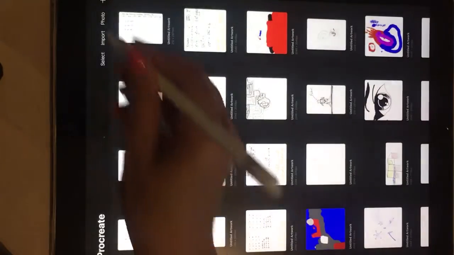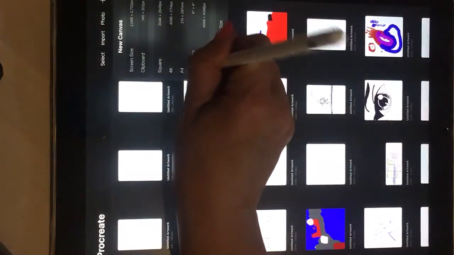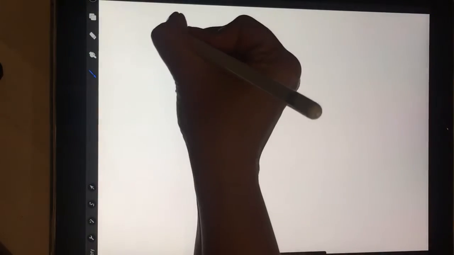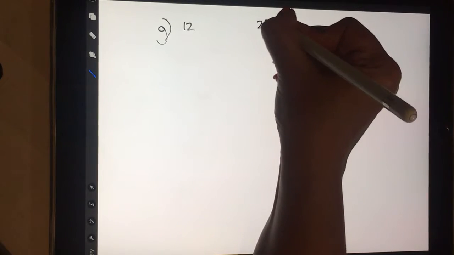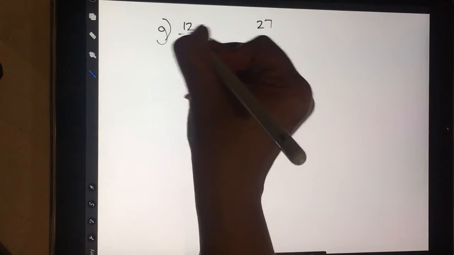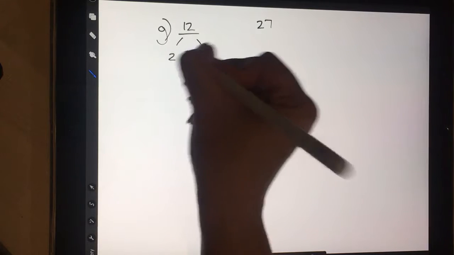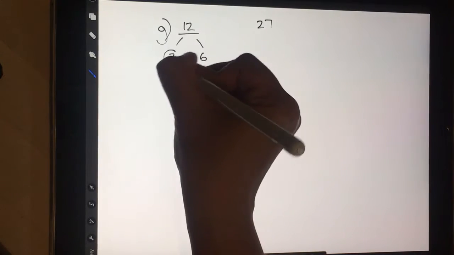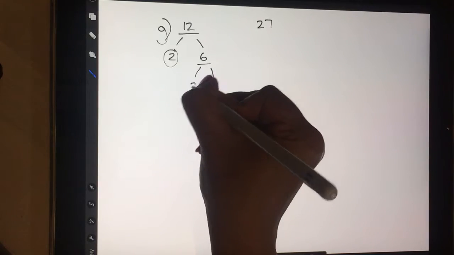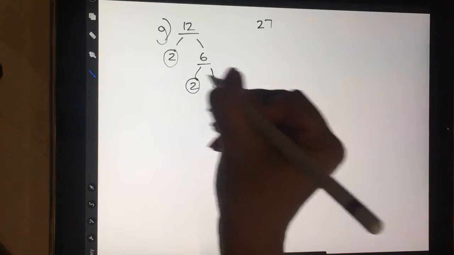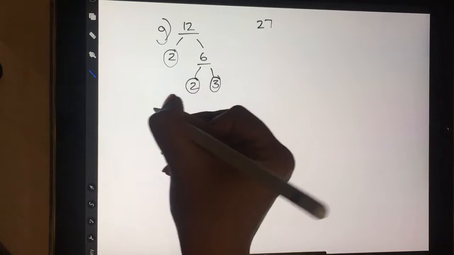Right, let's move on to number G. For number G, you had to find the lowest common multiple and highest common factor of 12 and 27. 12 breaks up into 2 times 6, but 2 is a prime number. We can break 6 up again into 2 times 3, where 2 and 3 are both prime numbers.